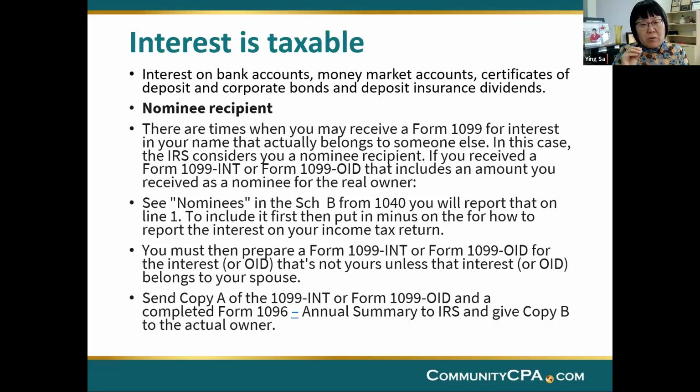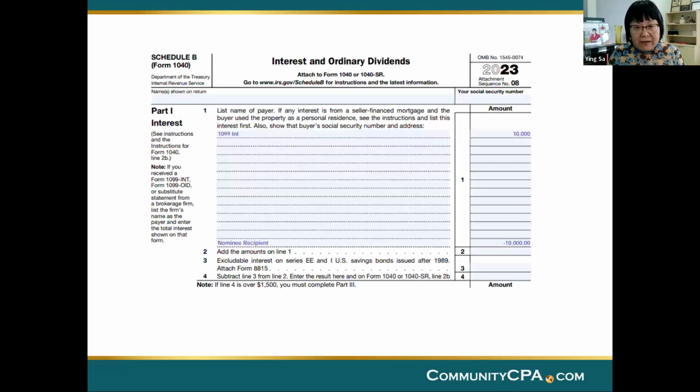So let me show you the first step, where I said you're going to put that on Schedule B, line 1. I actually fill it in for you. So let's say $10,000 interest income belongs to my mom, but it's issued under my name and my social security number.